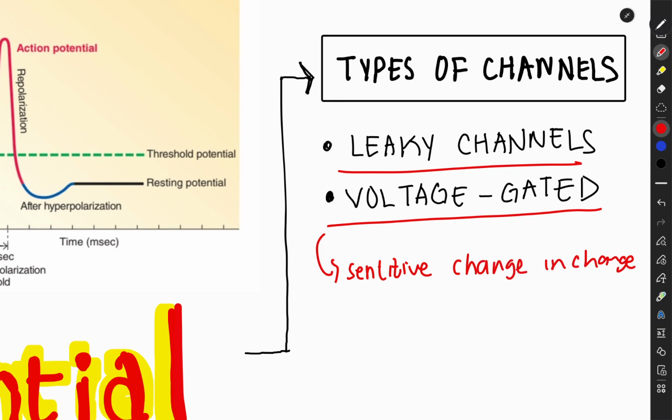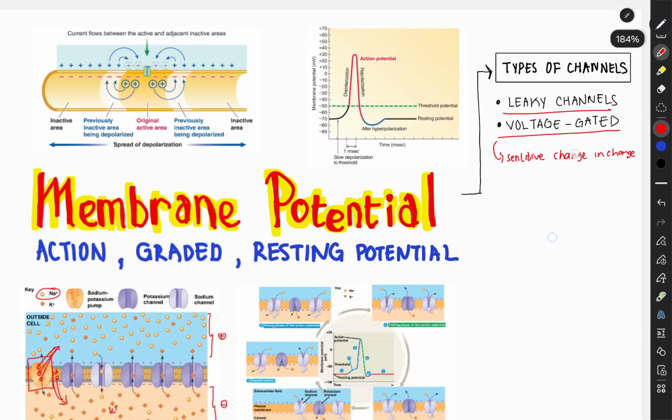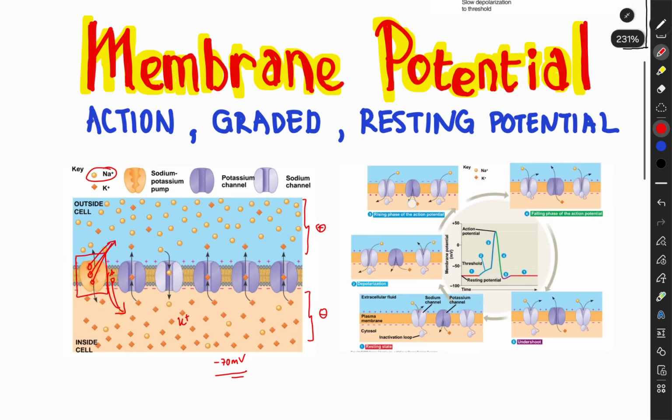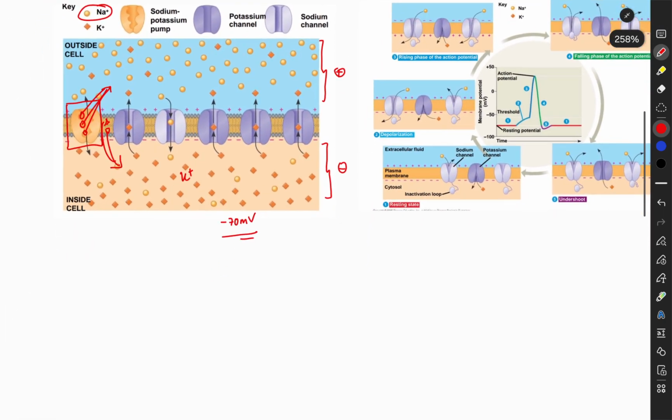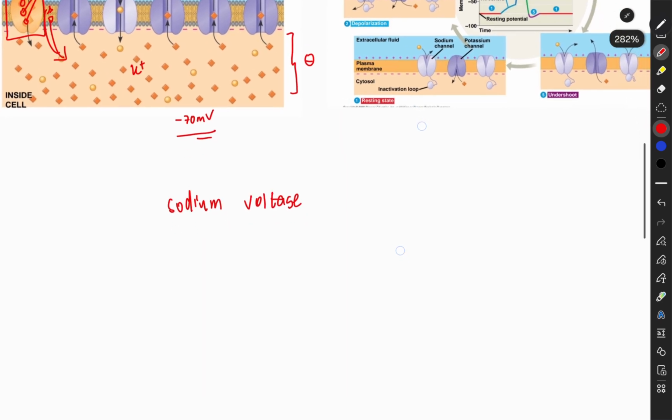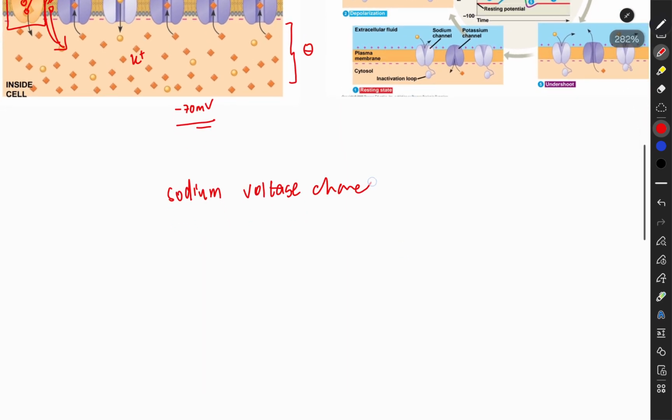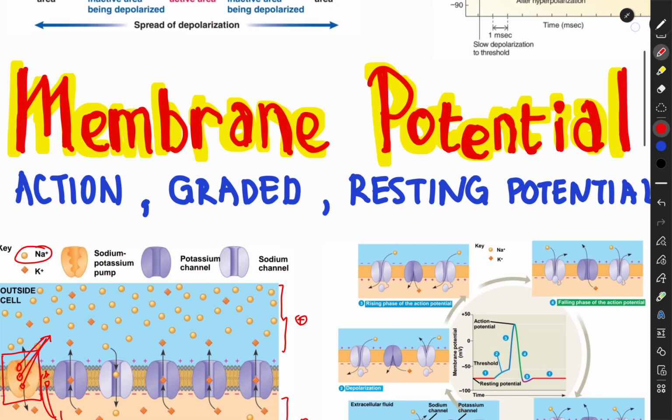So when there's a stimulus, the voltage gated channels, which consist of the sodium voltage channel and the potassium voltage channel. Actually, I will just show you the picture.